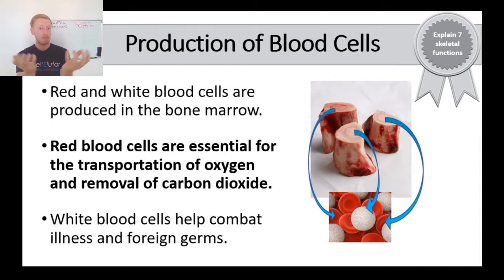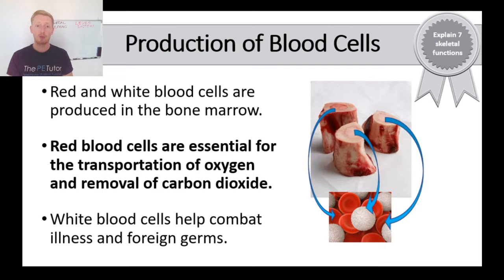They both serve different purposes. Red blood cells carry oxygen. That's their primary purpose, we could say, for the sake of today. And white blood cells are primarily involved with combating infection and foreign bodies which might enter our body. So we've got oxygen carrying capabilities and we've got fighting off infection.